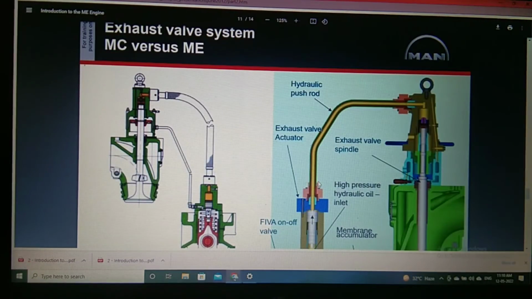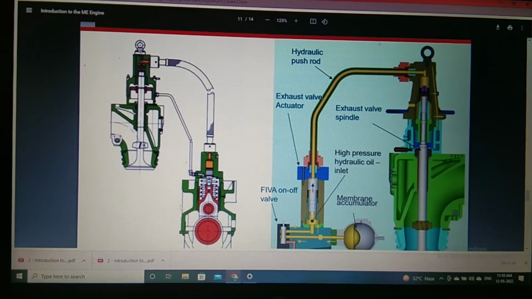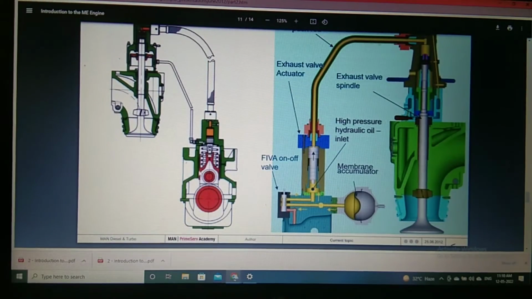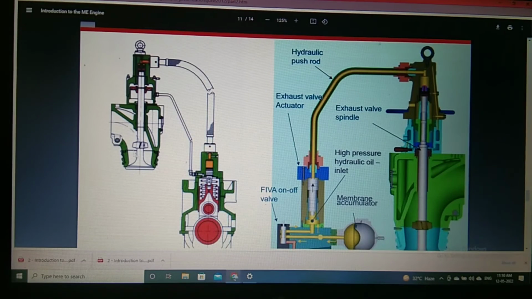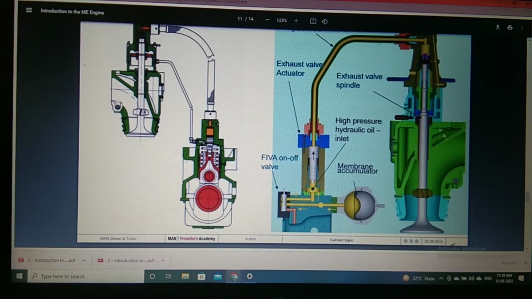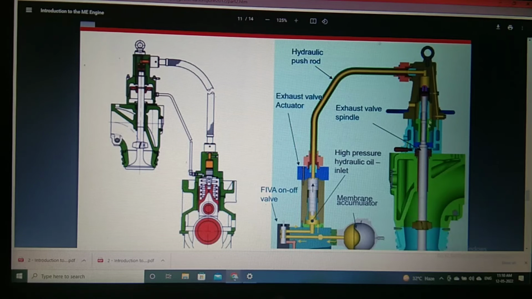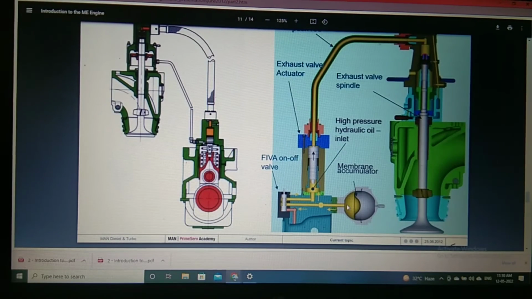Now this is ME exhaust valve systems. In MC, definitely cam is there, cam follower is there, springs are there, then the exhaust valve is there. So what are the designs they did in ME engines? Exhaust valve is same. Here much more changes are there in your air piston and all these things, we will discuss later on, but only the basic thing I will just tell you. In place of cam, they have an actuator, right?